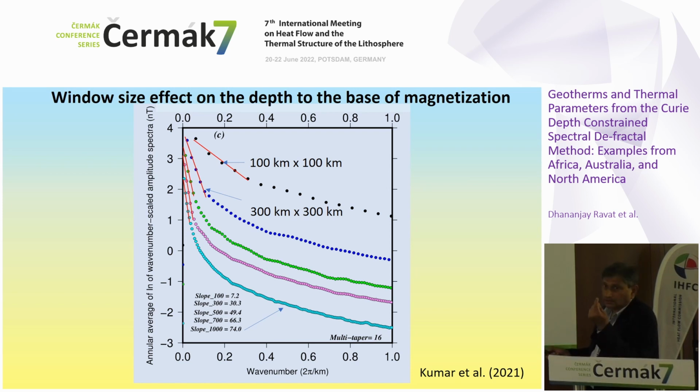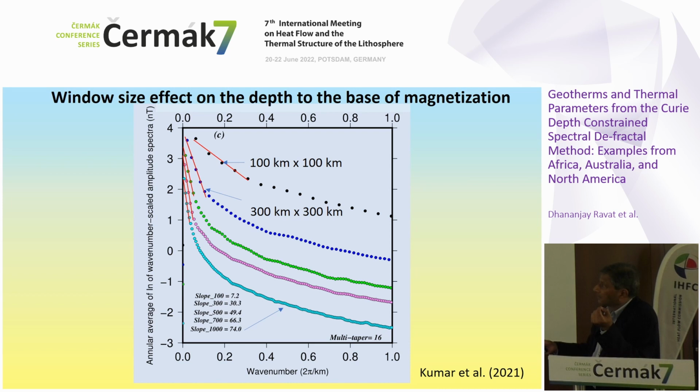And remember, you are getting your depth estimates from the slopes of the spectra. And the slope over here is much, much shallower, and so you get a shallow depth estimate for the same region where the base of magnetization could be quite deeper. As you go on increasing your window size, your estimates in this region are getting steeper and steeper and steeper.